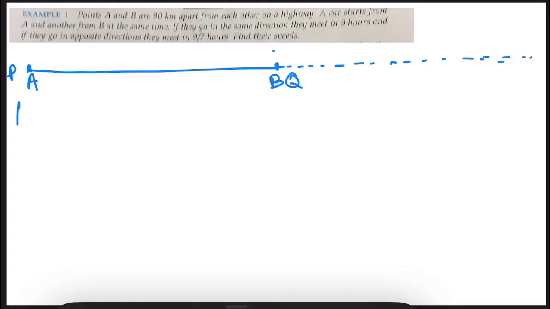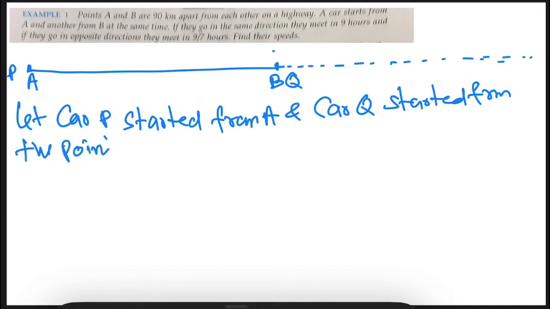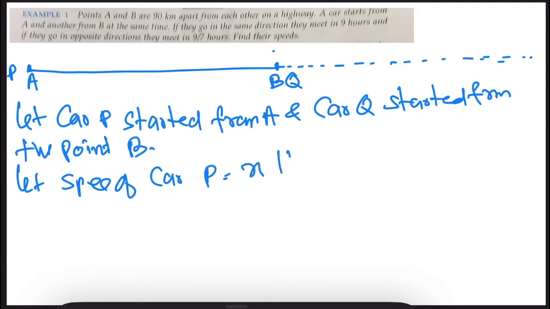Let car P start from A and car Q start from the point B. Let the speed of car P equal x kilometers per hour, and the speed of car Q equal y kilometers per hour.